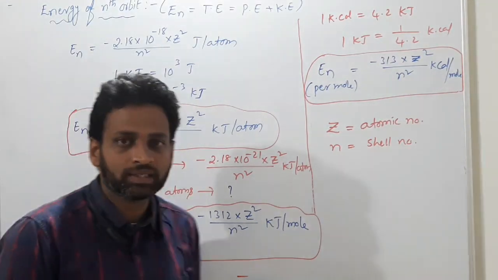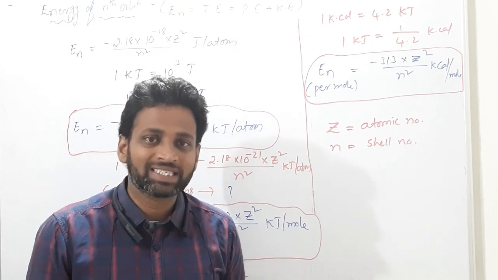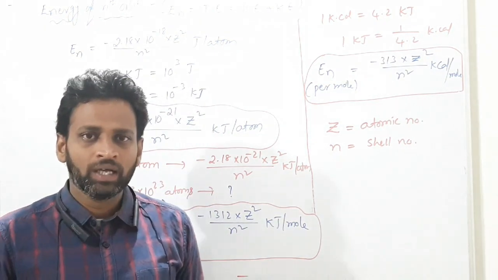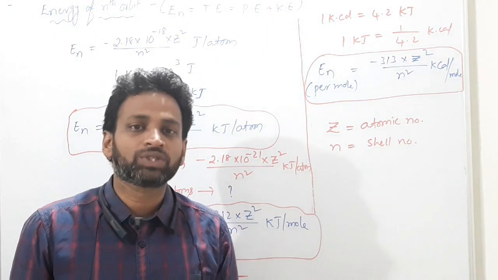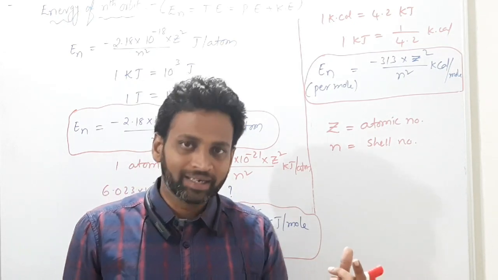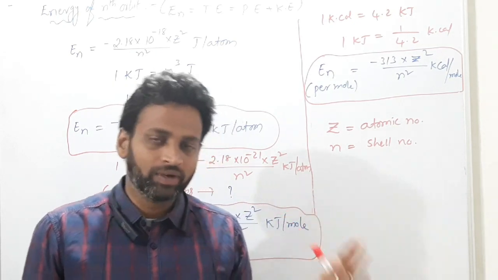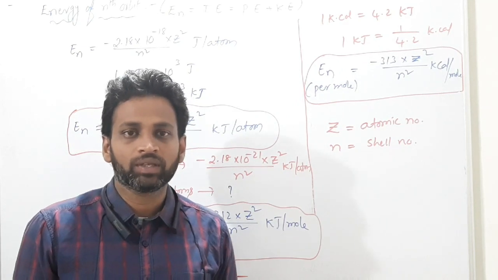Please note down all these things and we will do some numericals in our next class. Atomic structure is almost completed, because quantum numbers are already completed in this chapter. Those who did not attend those classes, don't worry, I will revise those classes. You have no need to worry about that.